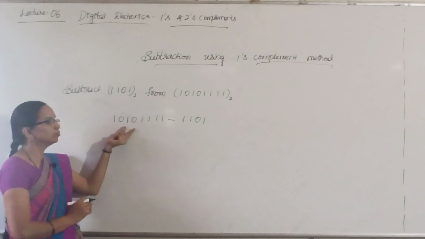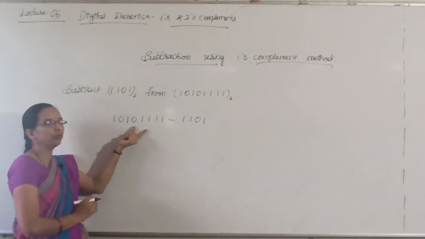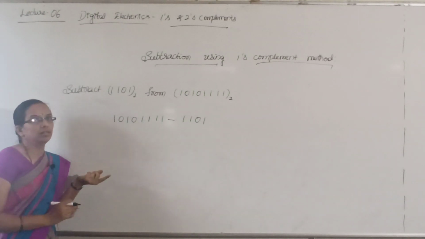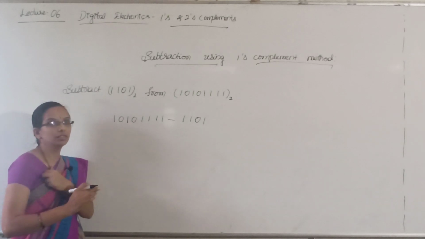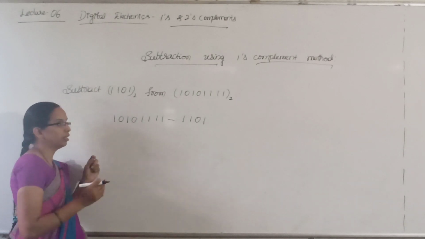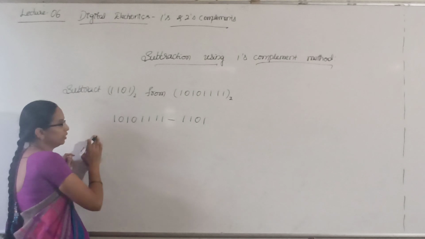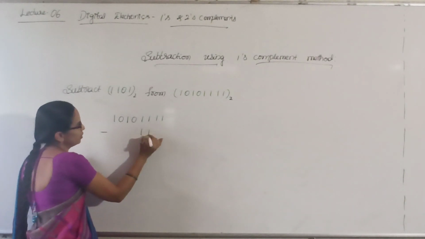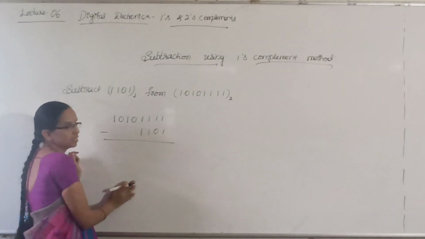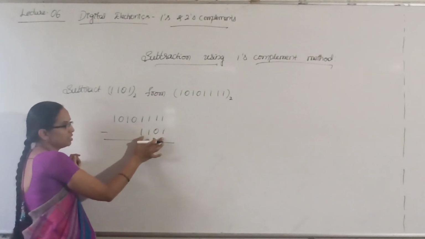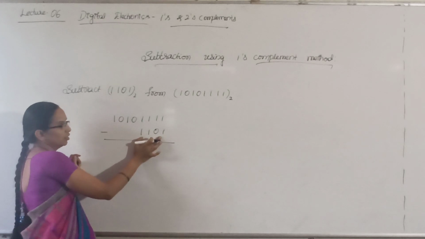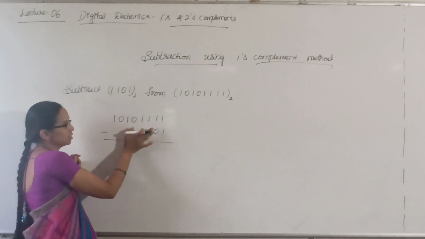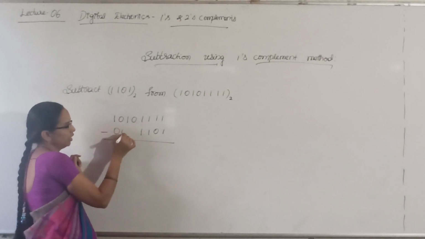No need to convert it, you can just go on with the ones complement method of subtraction. So here I will write 1101. It has only 4 digits, whereas the minuend has 8 digits.